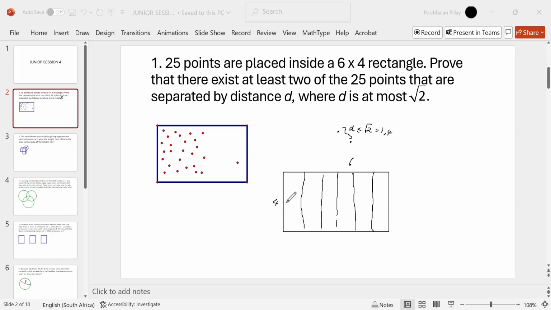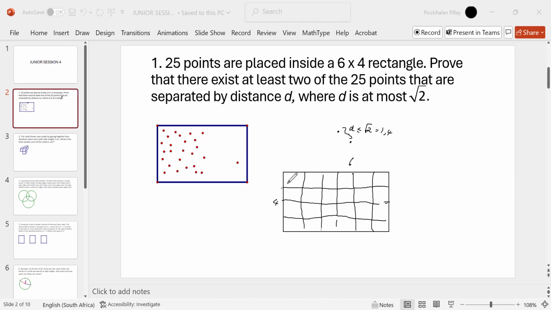Okay, that's 6. And then this way. Now I've got 24 squares. So these dots are scattered on this. So I've got 25 dots in 24 squares.